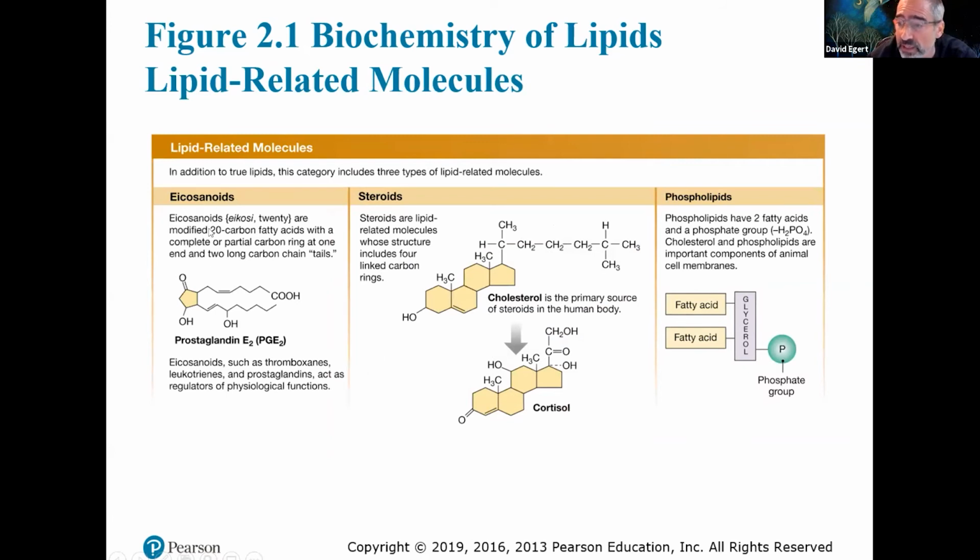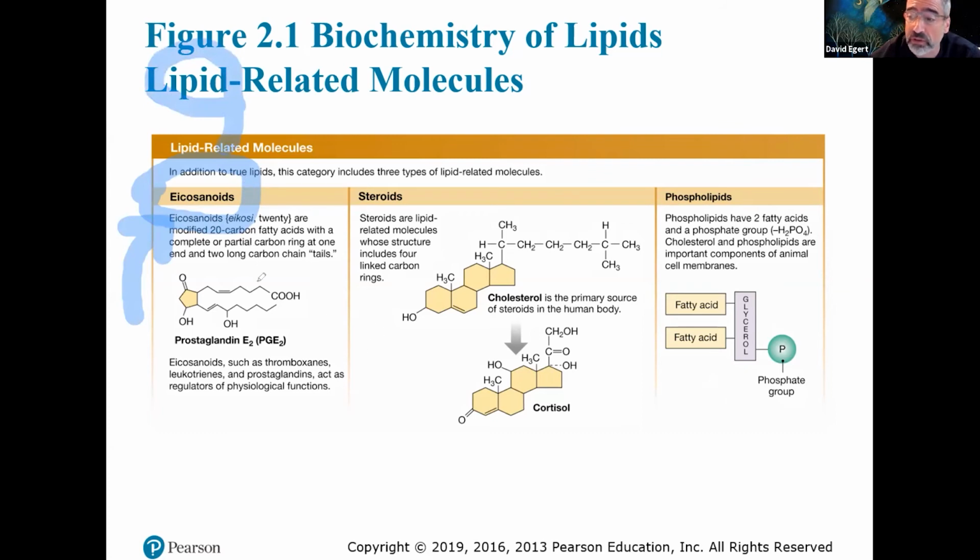Eicosanoids, that's actually another word you should know, eicosanoid. Let me highlight it. The reason you should know the word eicosanoid is that if you read that some molecule is an eicosanoid, you should know that it is a lipid and therefore nonpolar.